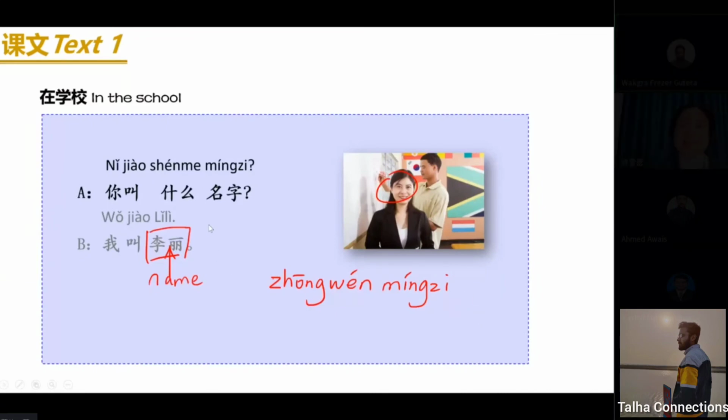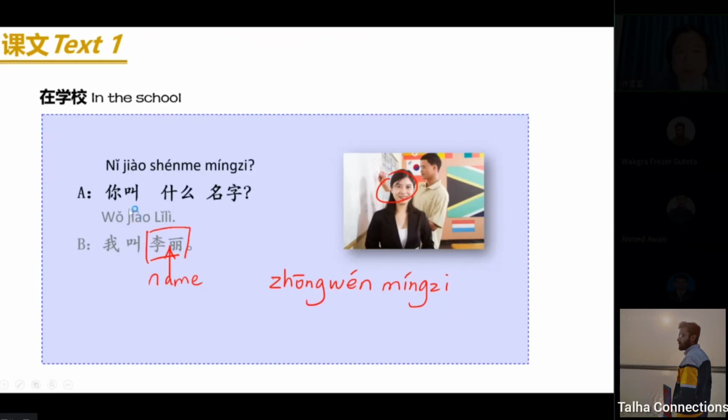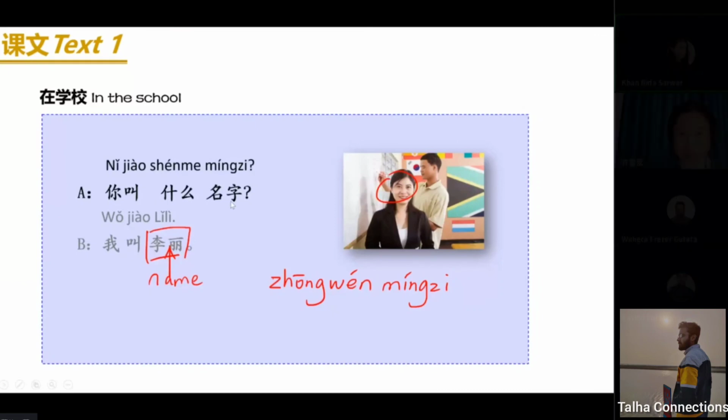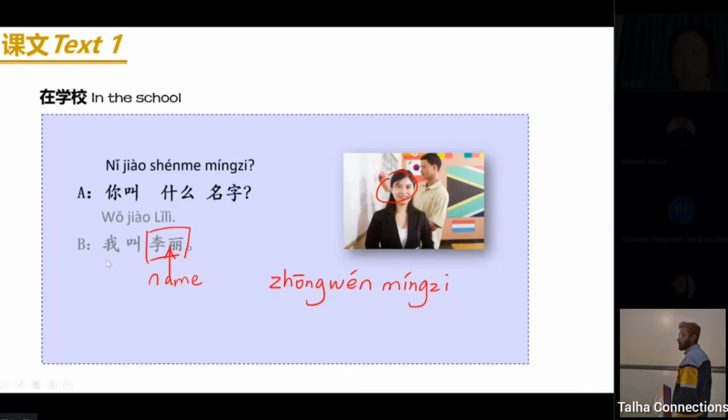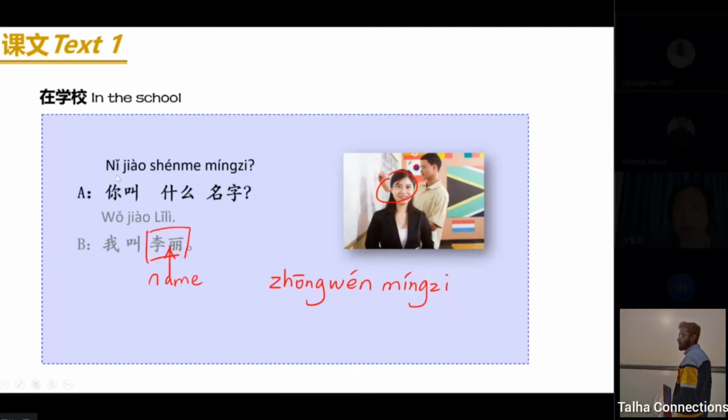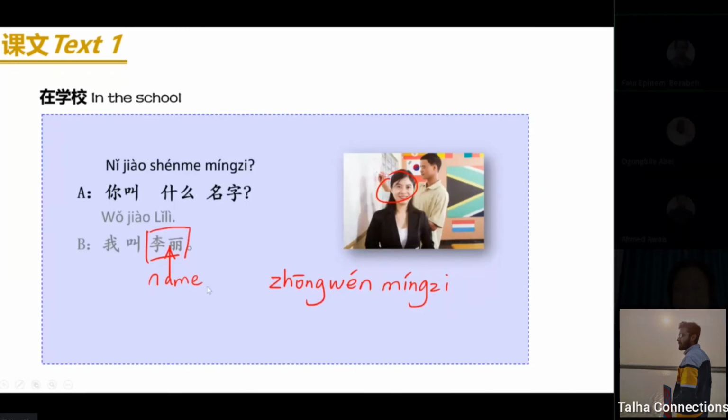Okay. 好，跟我读。你叫什么名字？ You don't follow my instruction. 跟我读。你叫什么名字？ 我叫李丽。Let's read the dialogue.